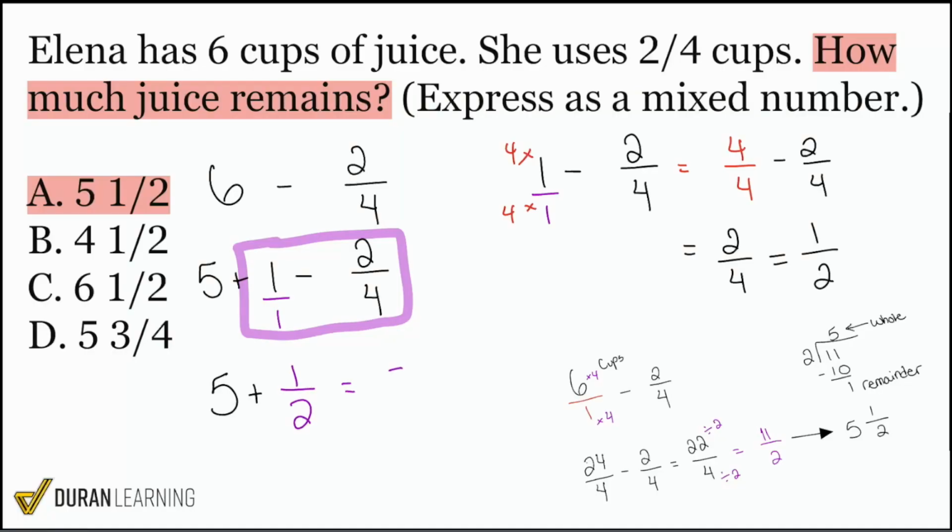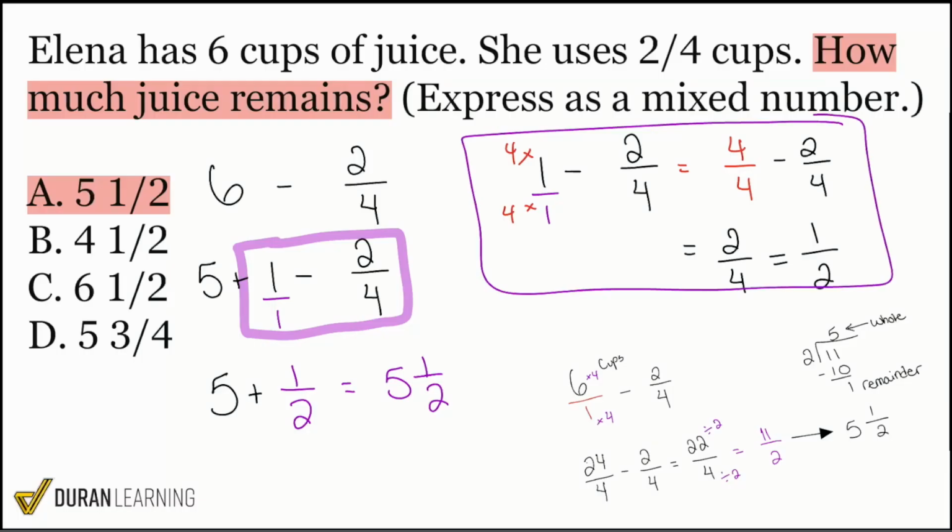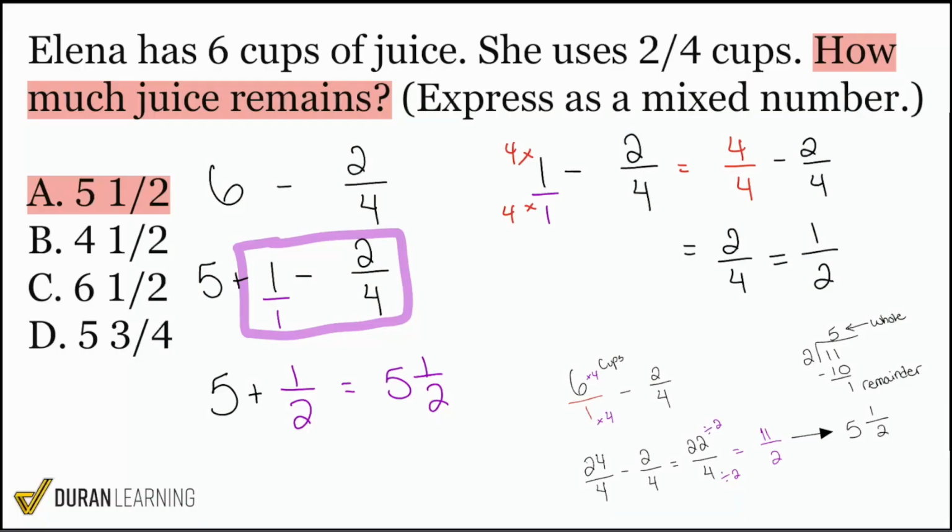All of this was kind of more so done in my head. Obviously, I showed it on the screen so you can see it. But really what we're thinking of is, hey, 6 is the same thing as 5 plus 1. If I take that 1 and take away 2/4, or take away half, I'm left with half. So that would be 5 and 1/2. Boom, done. And you can really process a problem like this much, much faster.